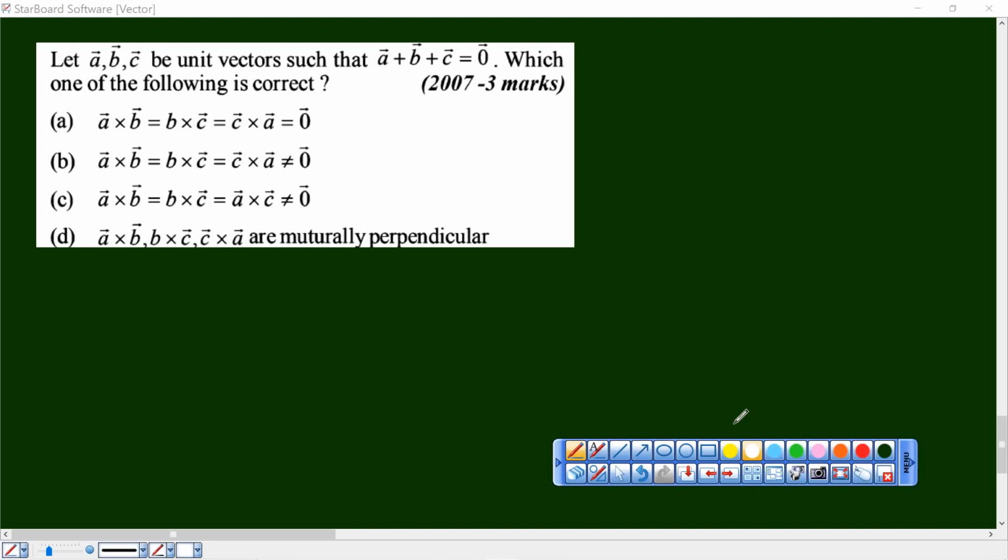You have to recall something. Well, I give you a big hint. Haven't we discussed the triangle theorem? If three vectors are in equilibrium, they can be represented as sides of a triangle taken in order. Make use of the triangle theorem. And it becomes all the more convenient because all the three vectors are said to be unit vectors.